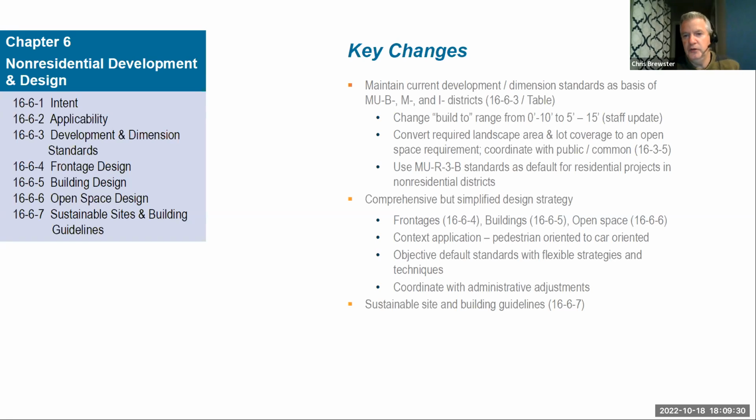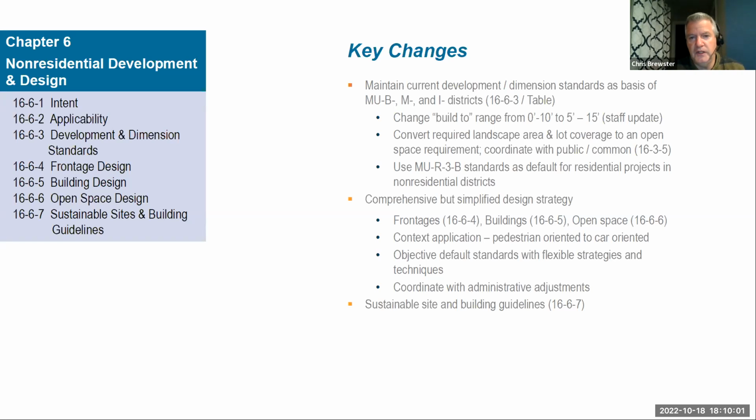And what that build to range is, it's both a setback and a maximum setback. So the current table says 0 to 10 or 0 to 5, depending on which district you're in. And our interpretation of that means your building has to be located within that distance. So that becomes key to a lot of our other discussions that we'll go through tonight. So that's the way that works, but it's not really a change. That's the way we're interpreting that it works now, and staff kind of confirmed that.